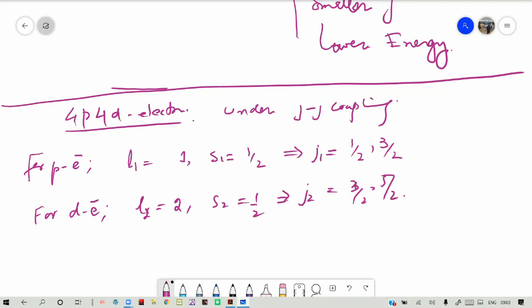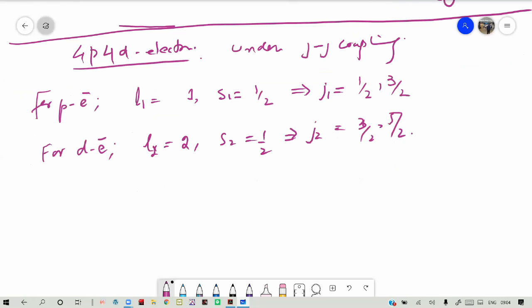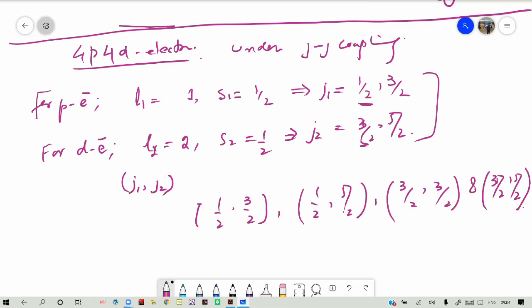For each electron, there are two possible values of J. So in a two electron system, there is a possible combination of J1, J2 values. Those combinations are 1 by 2, 3 by 2; 1 by 2, 5 by 2; then 3 by 2, 3 by 2; and 3 by 2, 5 by 2.